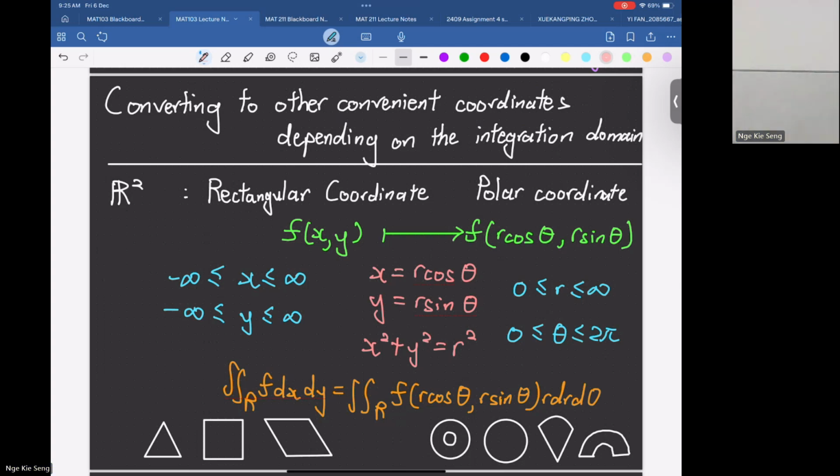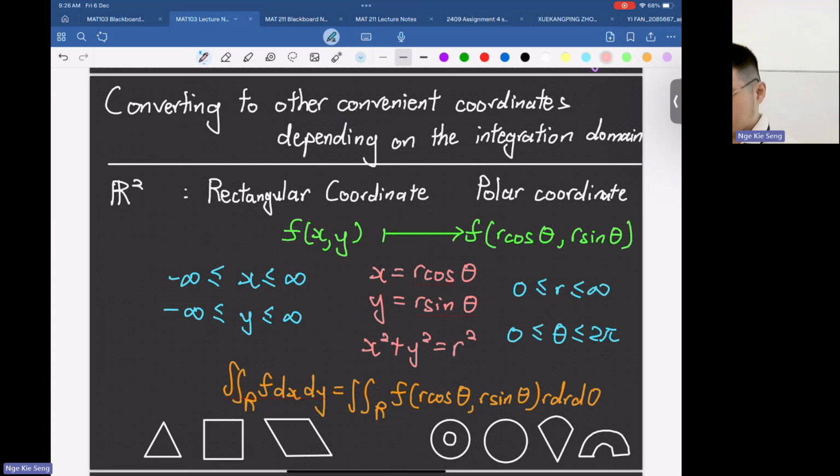So when you do this change of variable, be mindful about the range of variables that you use. In xy, you will cover everywhere from negative infinity to infinity. Can I write equal?